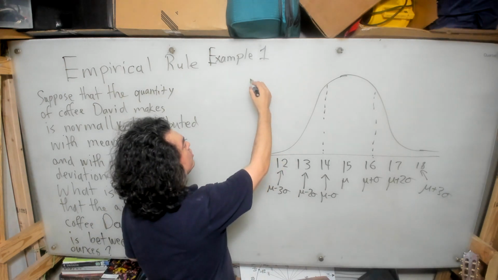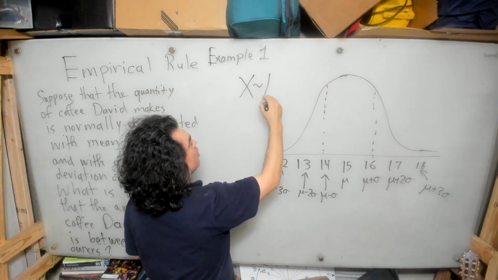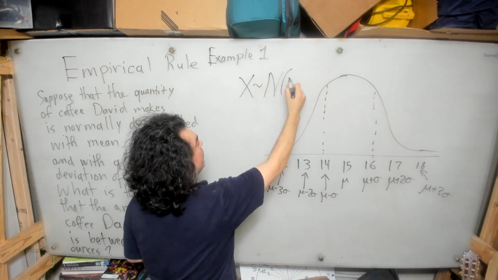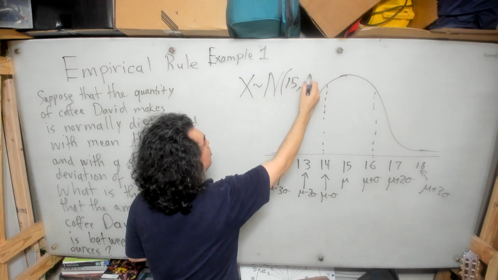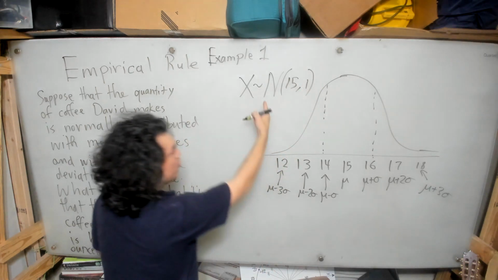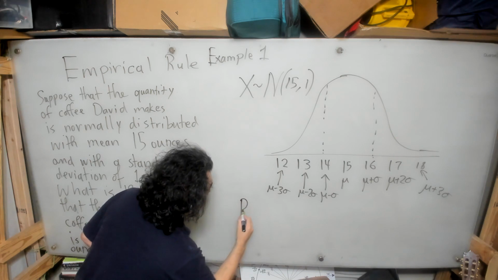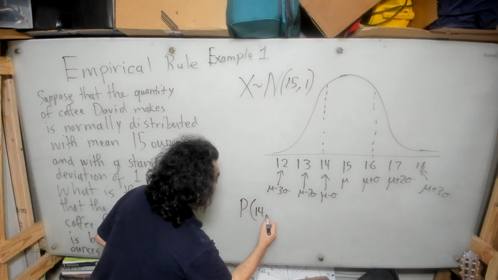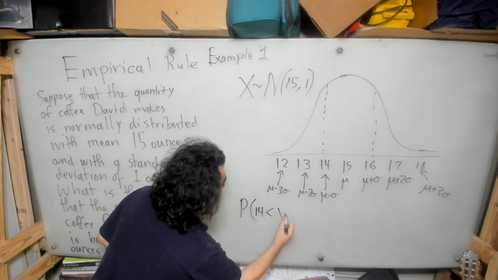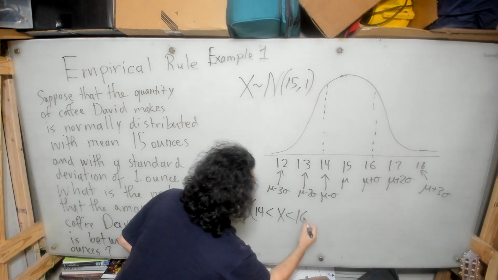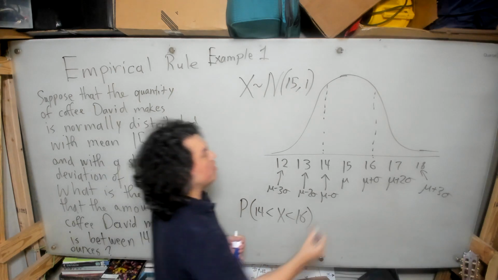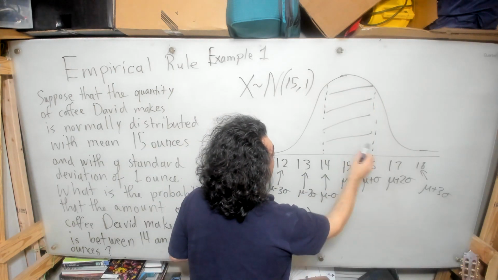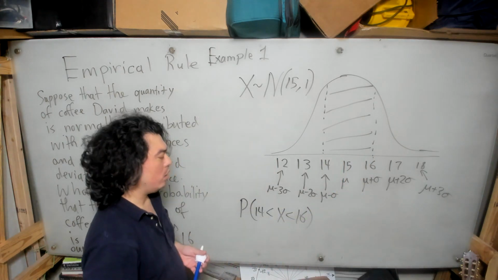So here, let's call this random variable x, and it's normal with mean, in this case, 15, standard deviation 1, right? So using this notation, what we're really asking was the probability that the random variable will take on a value between 14 and 16. In other words, we know that is the area here in between these boundaries, right?